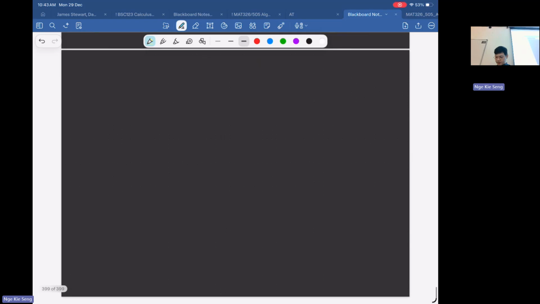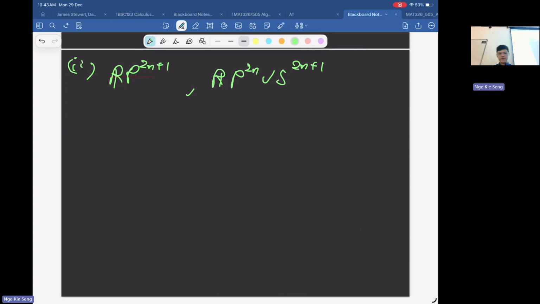So second, you realize that RP2n+1 and RP2n wedge S2n+1 have the same cellular chain, same cohomology, same homology. Is it the same? I mean, RP2n is a subset of RP2n+1, right?